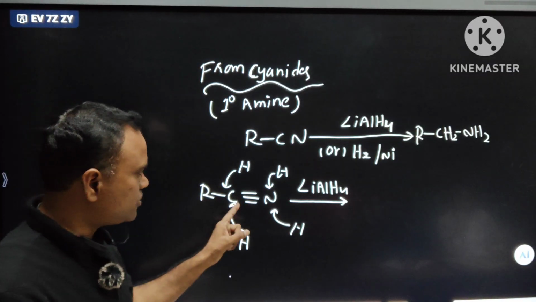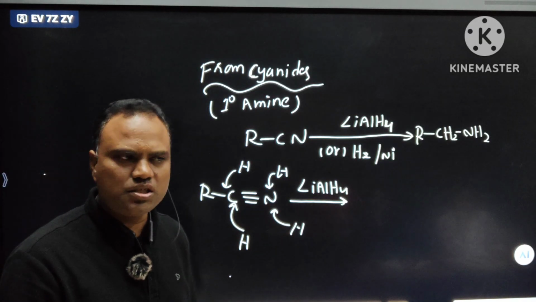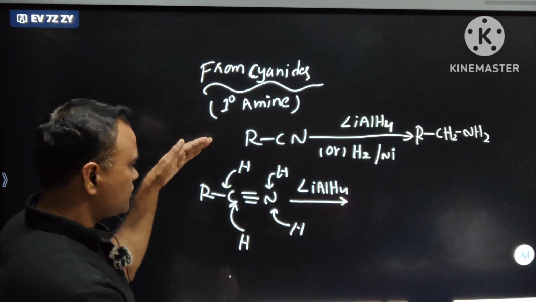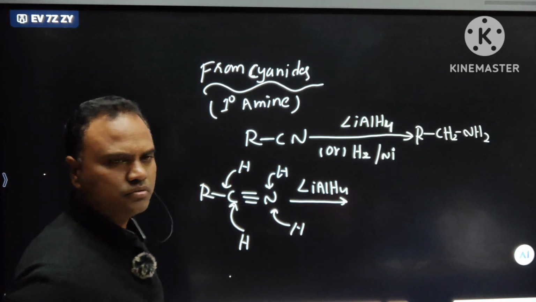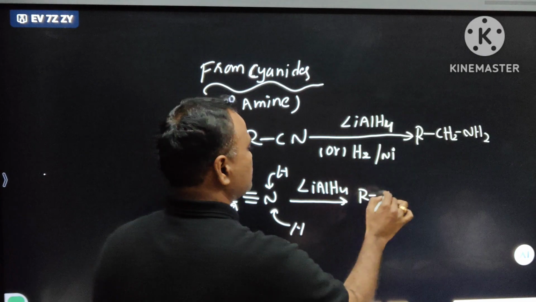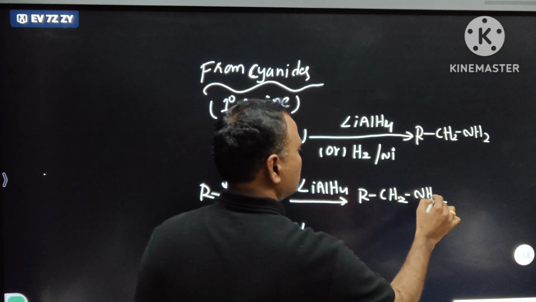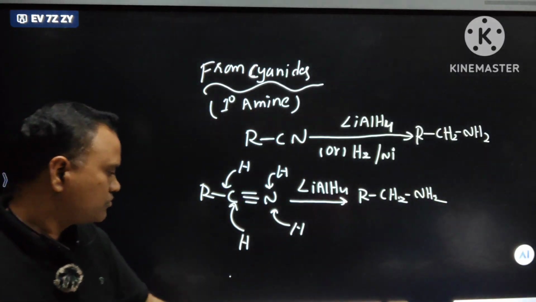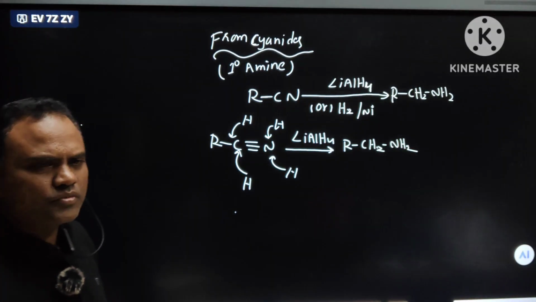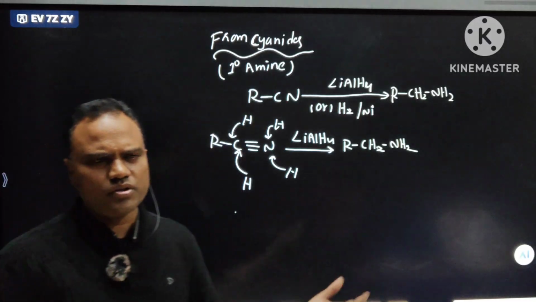RCH2NH2, over. Cyanide can be written as R-C≡N. Same conversions were already given to you, no? Cyanide preparation, same conversions we can follow.